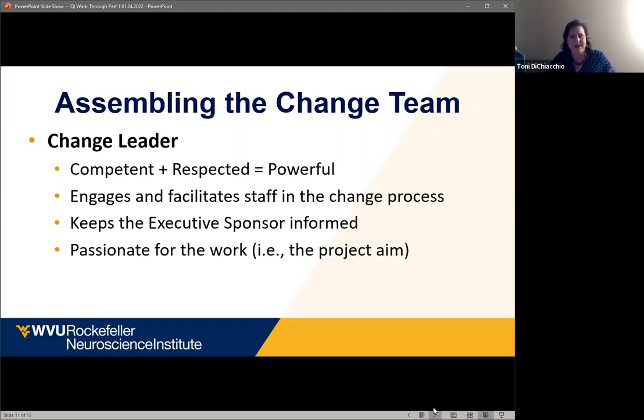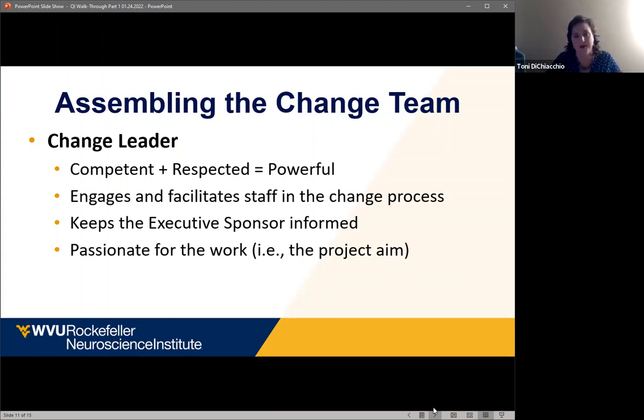And so again, this person, depending on the size of your organization, and the relationship that the team has, will be someone that other people in the flow of patient care will see as someone that they can admire, they can respect, that will take care of them, that will hear them, and that can coordinate the team as a whole.